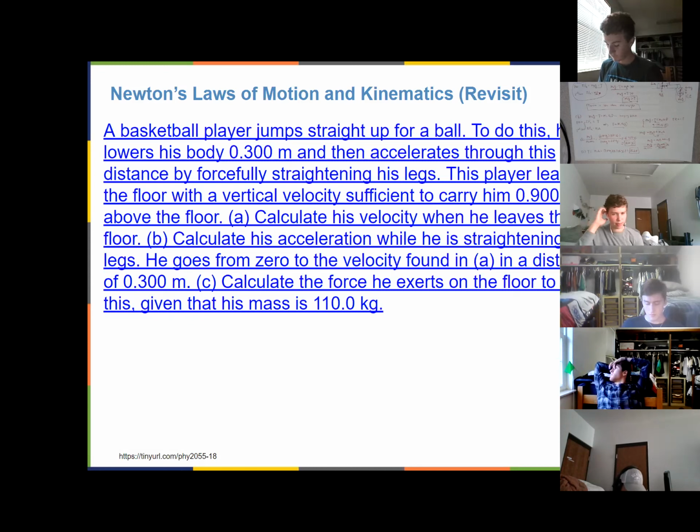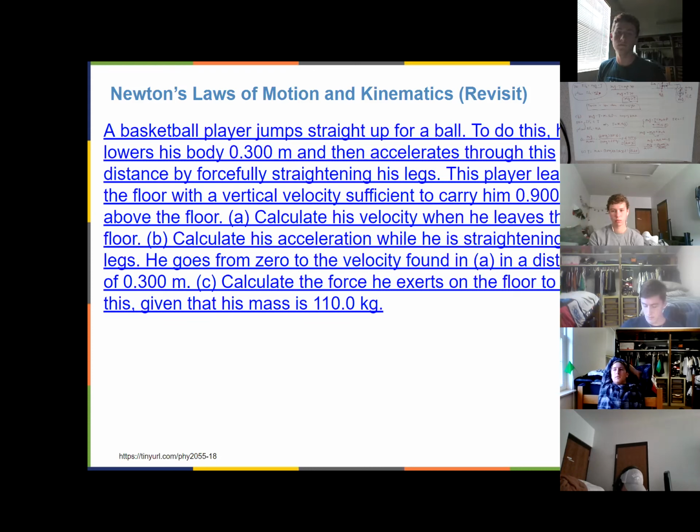So this one says a basketball player jumps straight up for a ball. To do this, he lowers his body 0.300 meters and then accelerates through this distance by forcefully straightening his legs. This player leaves the floor with a vertical velocity sufficient to carry him 0.900 meters above the floor.